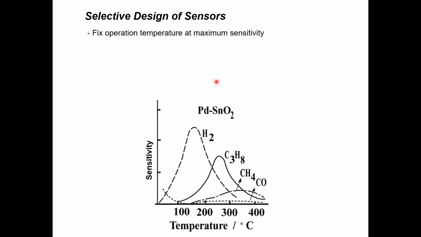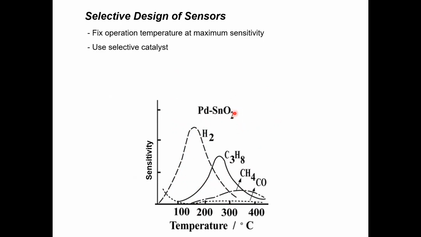So if I use one of the sensors and operate at this temperature, exactly at this temperature, my sensor is going to get most of the signal from hydrogen, and the interfering gas signals will be very, very minimal, practically none at that temperature. So that's one way of making selective sensor, by fixing the operation temperature.